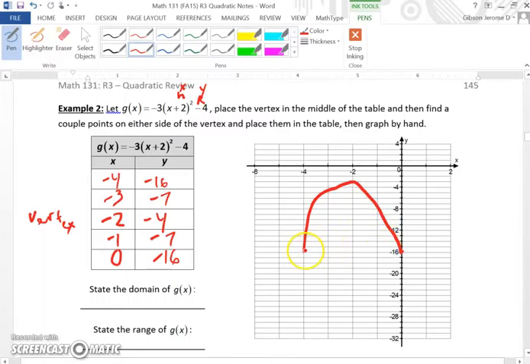So it should look something like this. Of course, yours would be a lot neater than mine. Does everyone follow that?